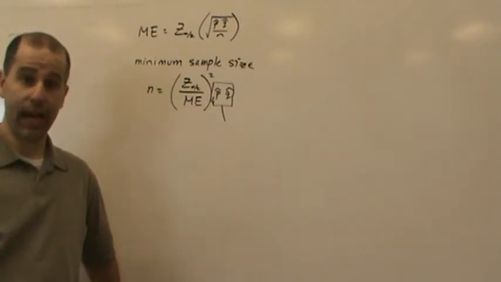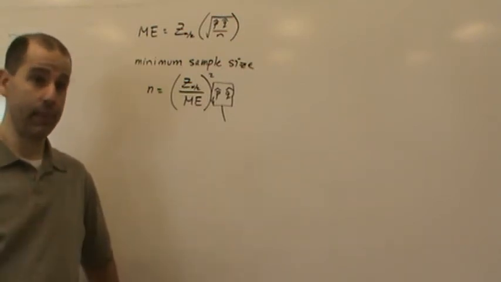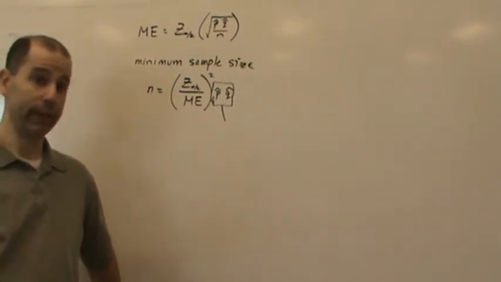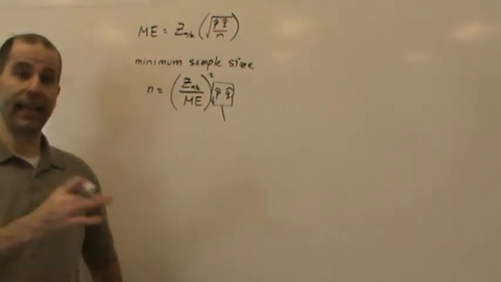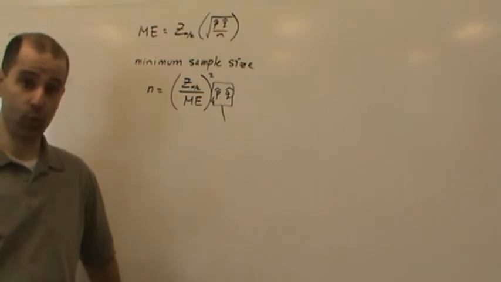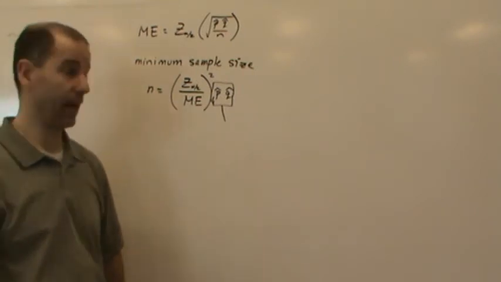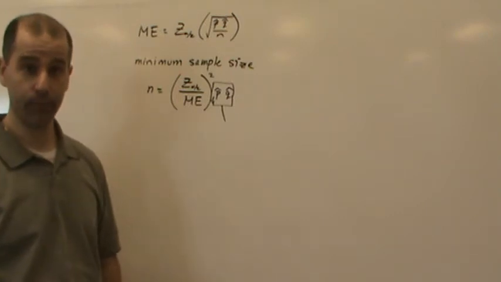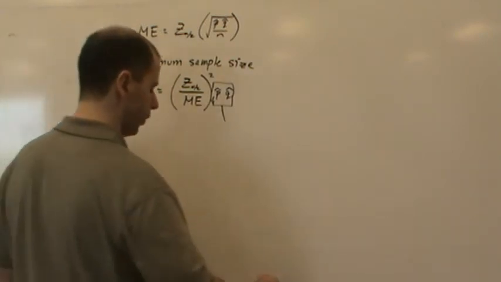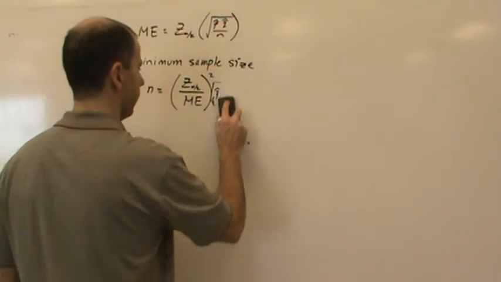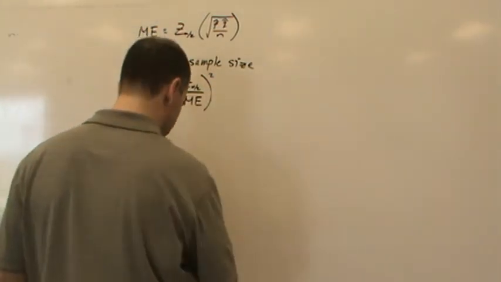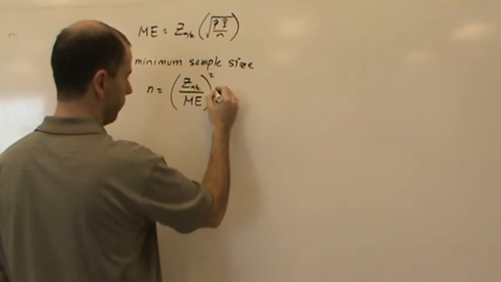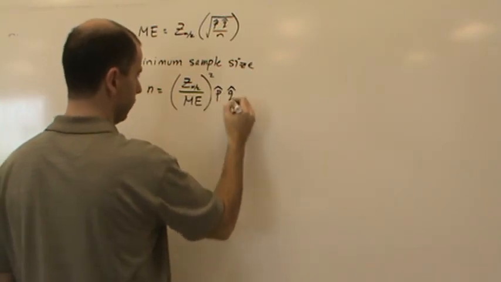So 0.5 times 0.5, 0.4 times 0.6, 0.75 times 0.25, 0.9 times 0.1. Take any combination of proportions that add up to 1, multiply those together, and you'll always get something less than 0.25. Okay? So if we don't know p hat, or the problem doesn't tell us p hat, we're always going to assume that p hat is 0.5. Otherwise, use what they give you.